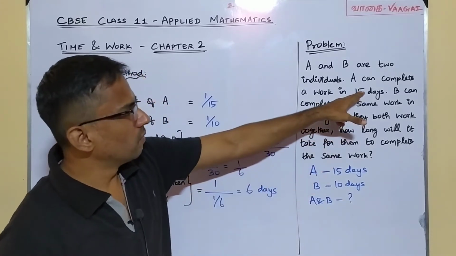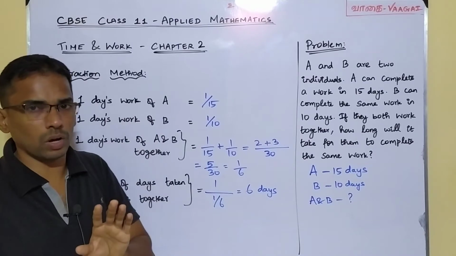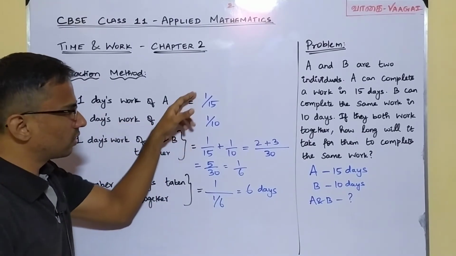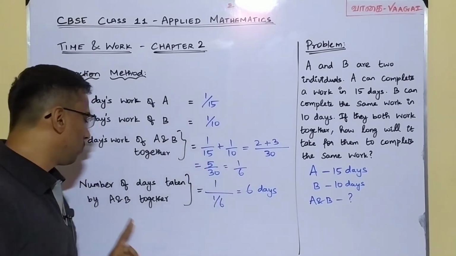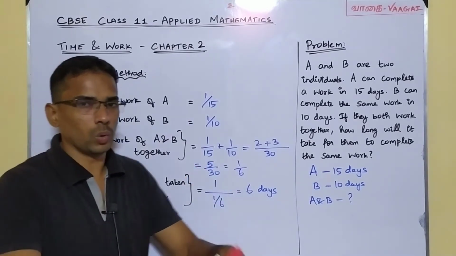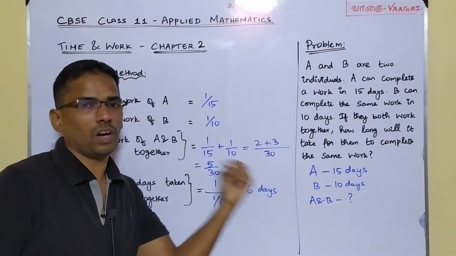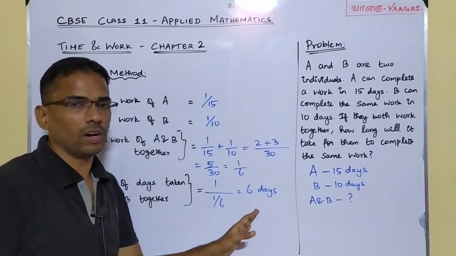So we find the 1 day's work or 1 hour's work, according to the question. We arrive at the fractions, we add them up, and finally, to find the number of days when they work together, we have to again take the reciprocal of what we are finally getting. Okay, so this way of solving is what we call the fraction method.